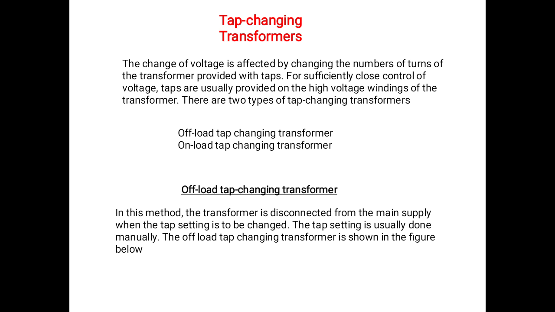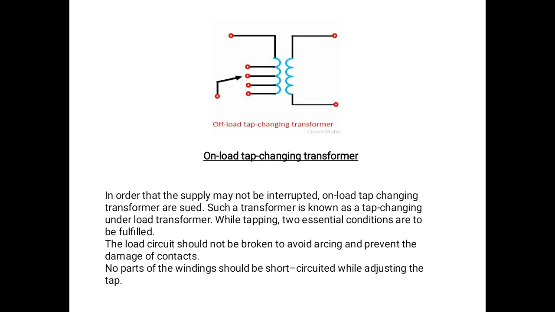The tap setting is usually done manually. The off-load tap changing transformer is shown below in the figure. Here there is a primary winding and a secondary side winding. Taps are provided on the primary side and these taps are changed manually, and the voltage level towards the secondary depends on the tap selected on the primary.